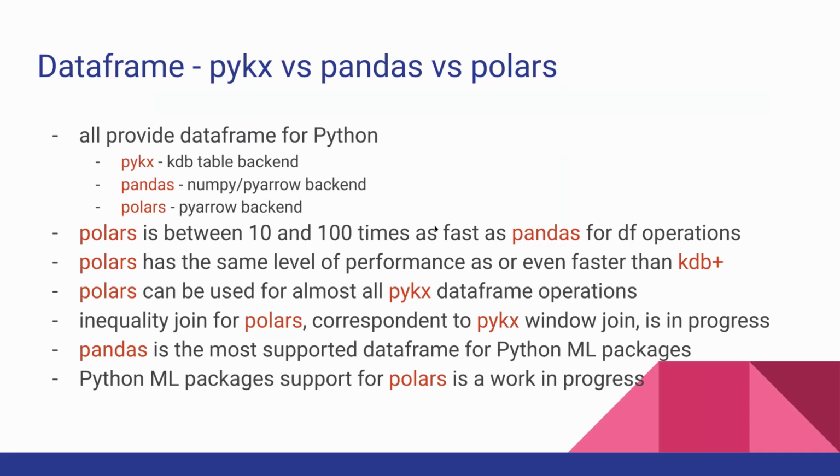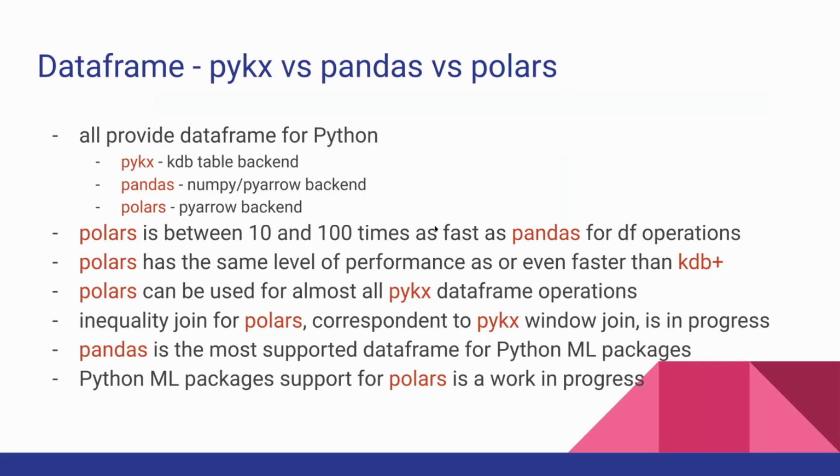They all provide a data frame for Python. PyKX uses a KDB table as backend. Pandas uses NumPy or PyArrow as backend. Polars uses Arrow as backend. Polars is between 10 and 100 times as fast as pandas for data frame operations. And Polars has the same level of performance as, or even faster than, KDB.